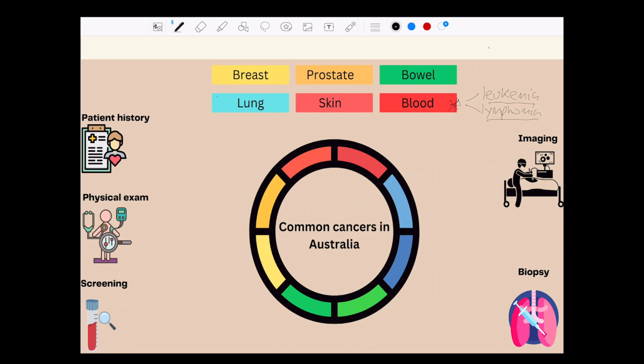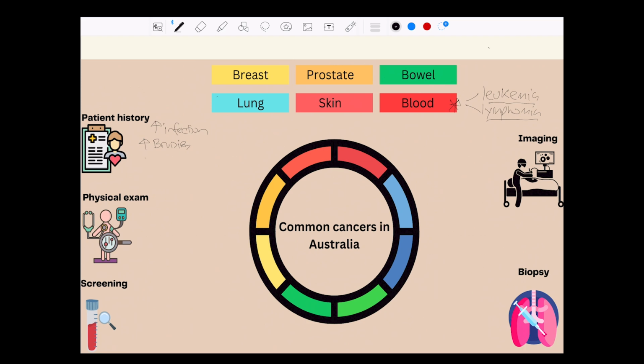So what kind of things to be looking out for? Increase in infections. So we know one part of the blood is white blood cells. So if you have ineffective white blood cells, you're more prone to infections. You have bleeding, so increased bruises, and that's because you're losing the number of platelets.